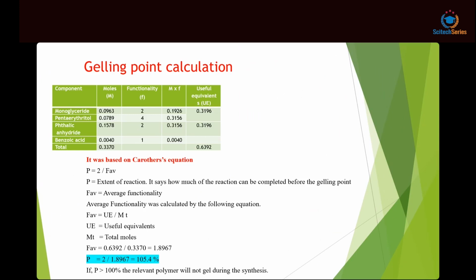This comes under the Carothers equation. According to the Carothers equation, I got the answer 105.4%. That means if it exceeds 100%, we don't need to fear because no gelling takes place during the cooking. In my calculation, I found my value exceeded 100%. Therefore, I have no fear. I have done my experiment well, and I modified the coconut oil based polyol using this method.